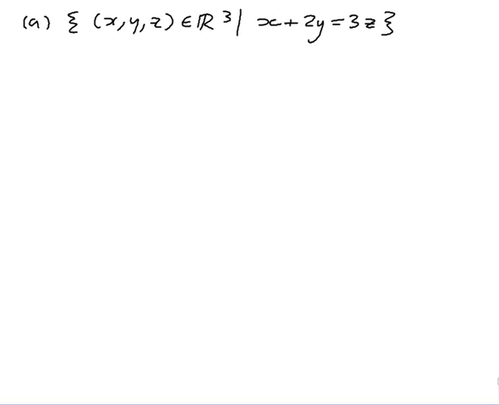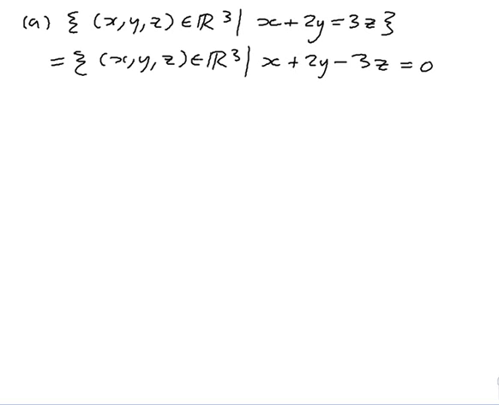I can rearrange this so it's x plus 2y minus 3z is equal to 0. So this above set is the same as this set: the set of x, y, z in R3 such that x plus 2y minus 3z is equal to 0.